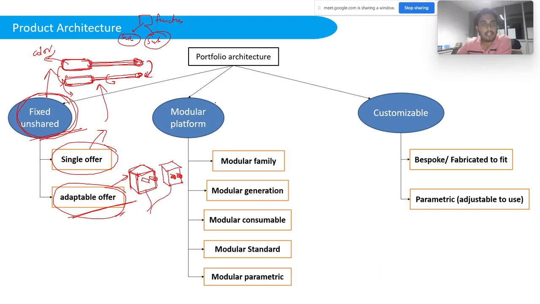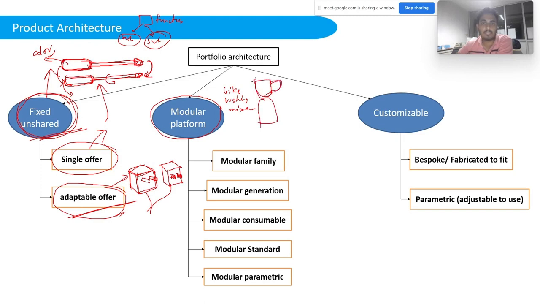The other category is the modular platforms. Basically, this is the most common form of product architecture which we see in the market. For example, consider a bike, a washing machine, a mixer grinder, or any product. They have something reusable. In a mixer grinder, you will see the vessels are reusable.